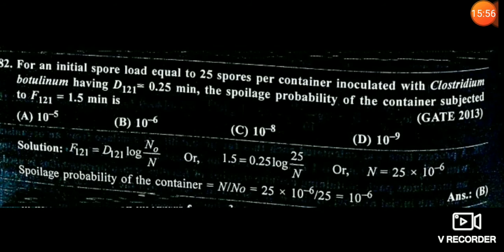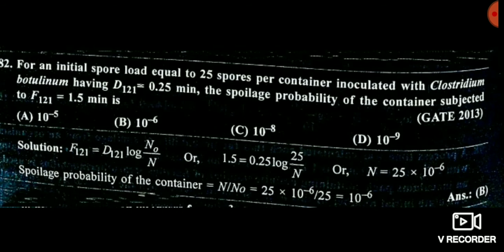So all of you know that F is equal to D into log base 10 of N naught by N. The N naught value is given in the question, 25 spores is the N naught value. So you can calculate the N value, that is 25 into 10 to the power minus 6.